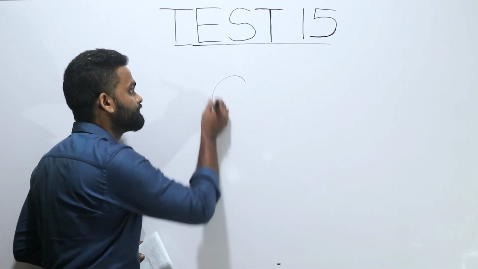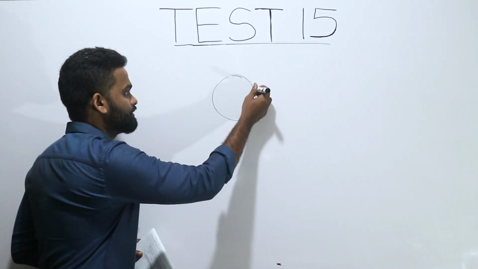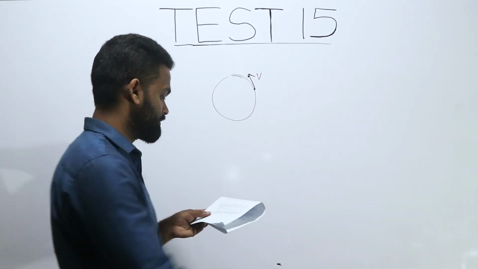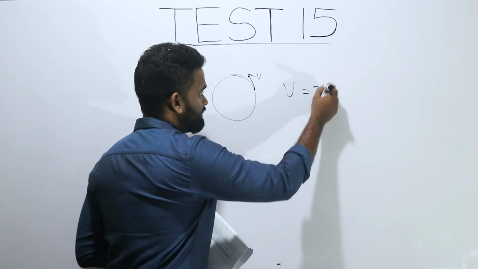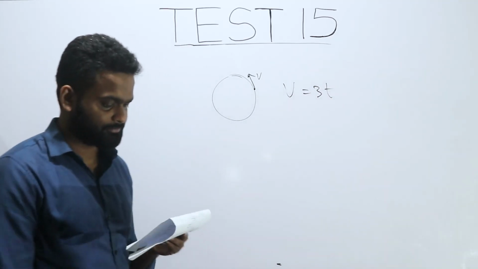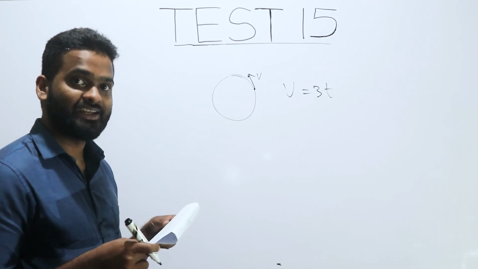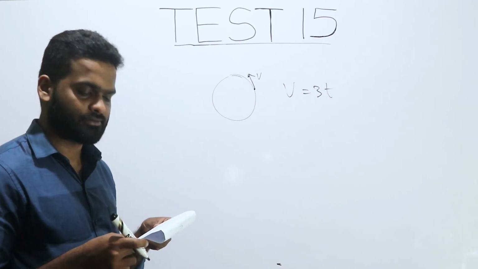So we have a circular motion and the tangential velocity is v. That v is given as 3t.